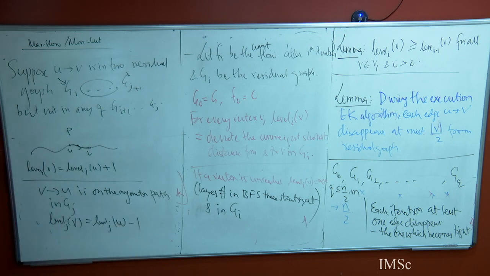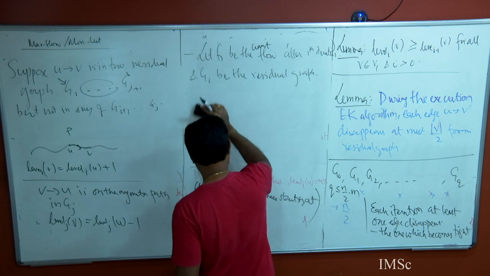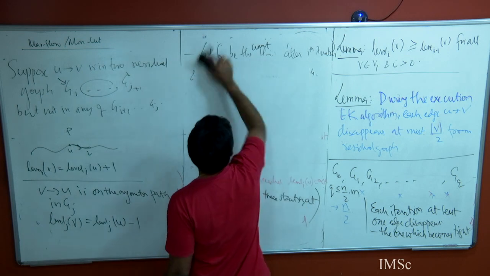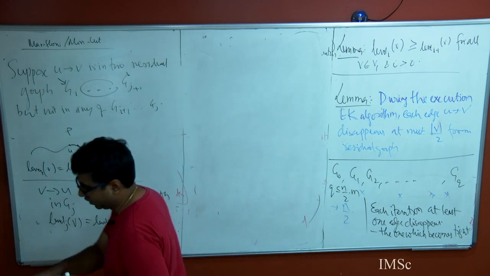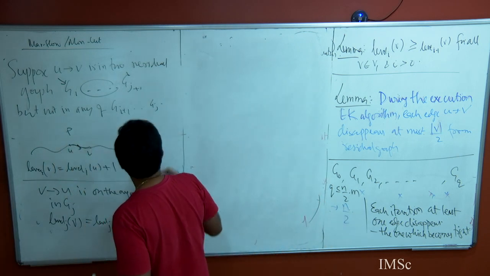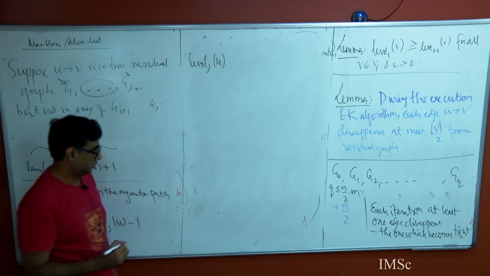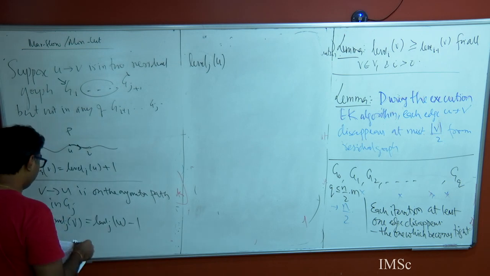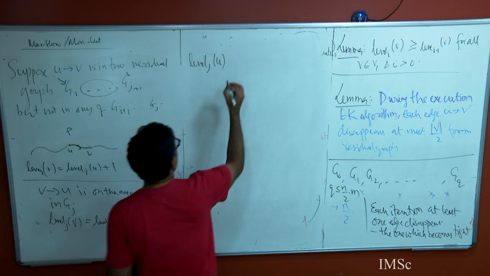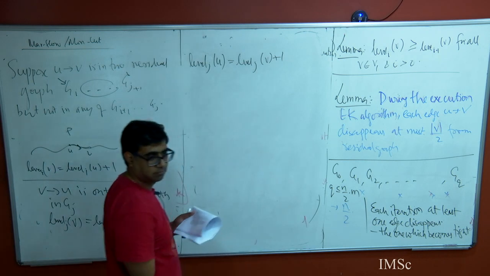Okay, great. Right? So now let's put together. So level_j of u is this, right? What is this? It is equal to level_j of v plus 1. Okay?